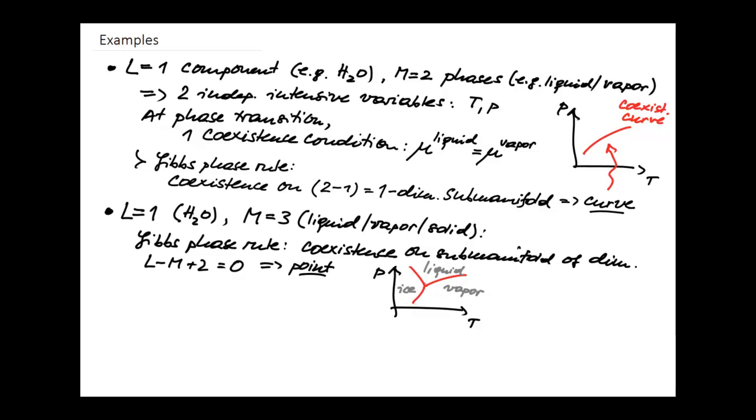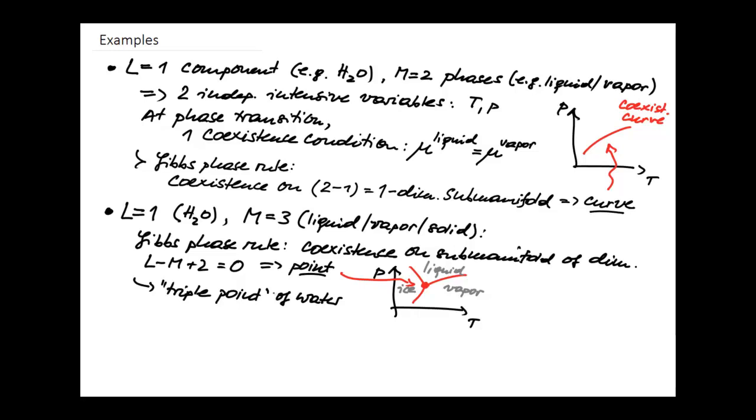And there's one point here where you have coexistence of all three phases. This is the point that the Gibbs phase rule indicates. This is the so-called triple point of water.